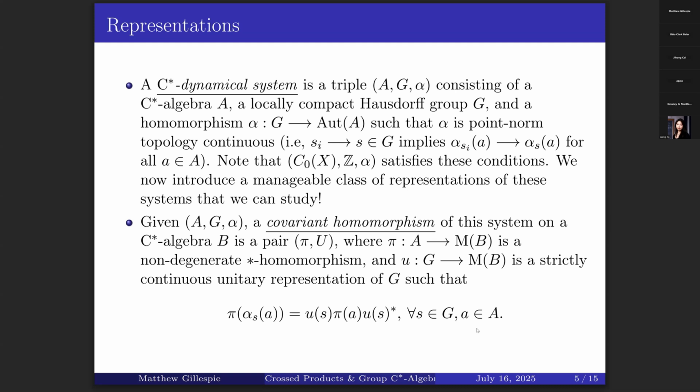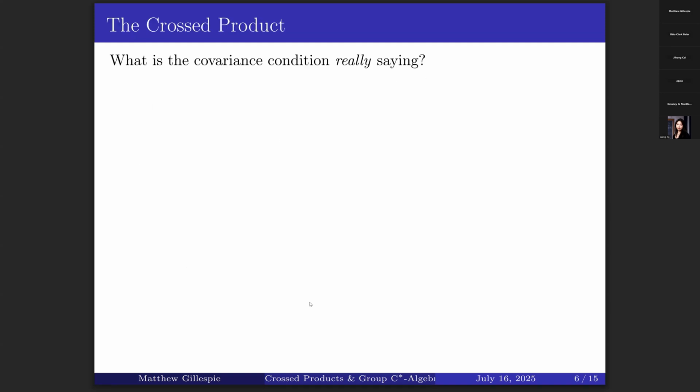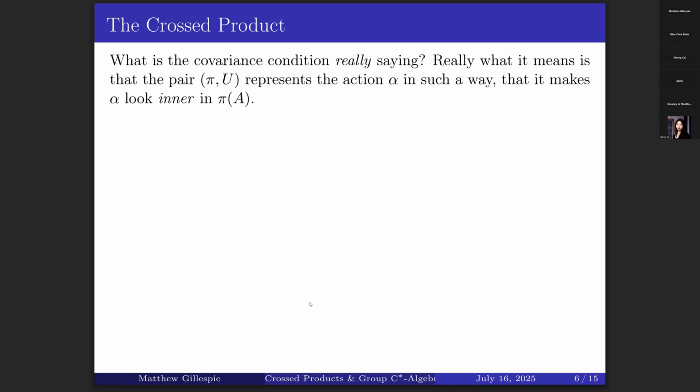Now, the reason why this condition is useful is because the covariance condition is taking the action alpha and making it look inner. What do I mean by this?